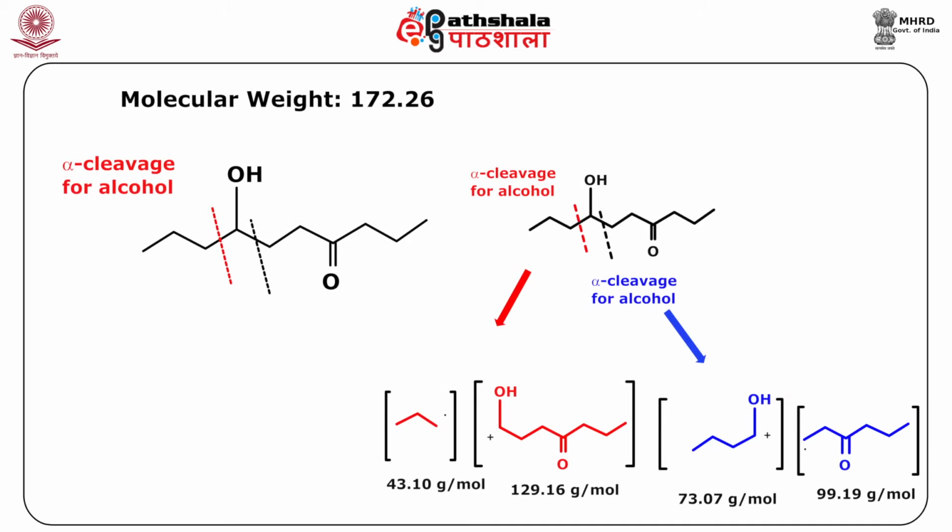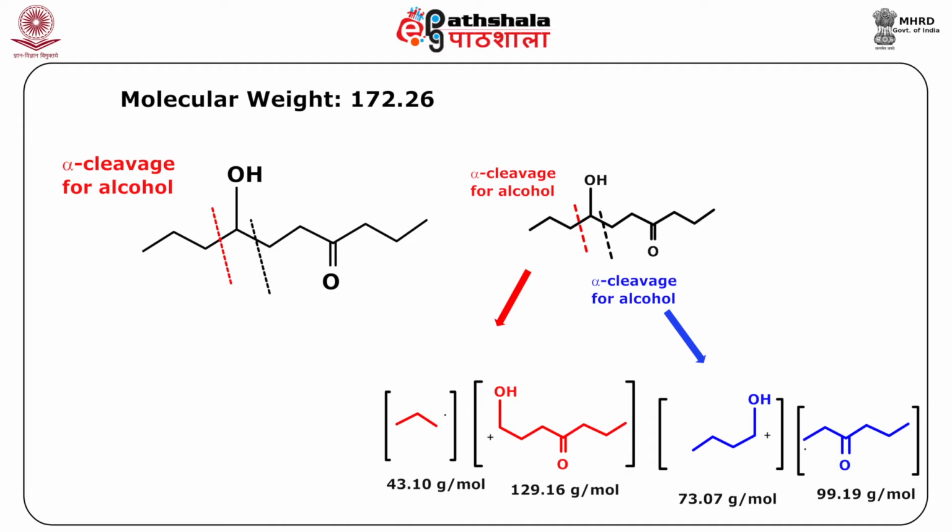Now let us consider the example of one such alcohol, that is decan-4-one-7-ol with a molecular weight of 172.26. Alpha cleavage can occur from either of the bonds next to the hydroxyl group.